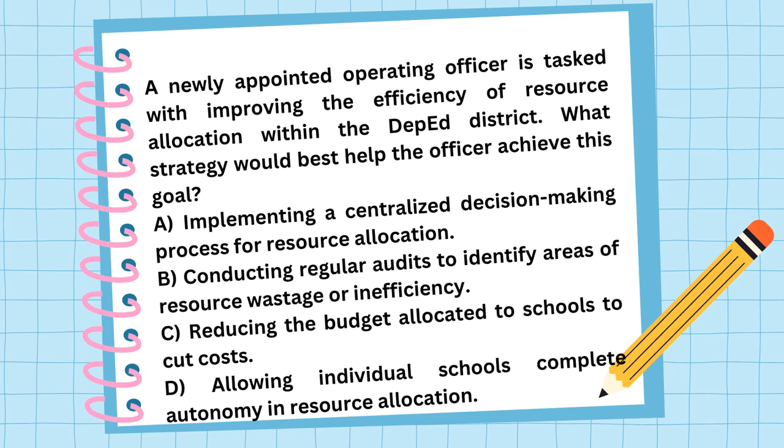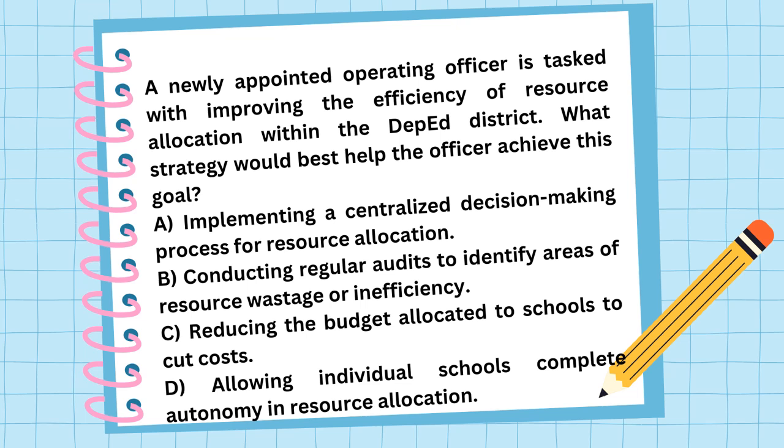Letter B. Conducting regular audits to identify areas of resource wastage or inefficiency. Letter C. Reducing the budget allocated to schools to cut costs. Letter D. Allowing individual schools complete autonomy in resource allocation. Timer starts now. 5, 4, 3, 2, 1.